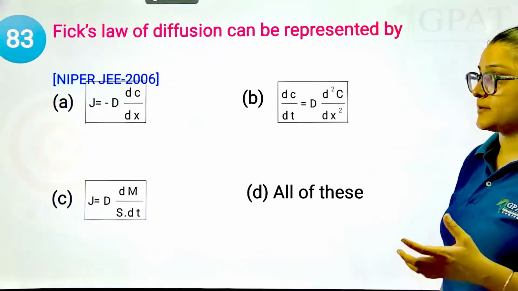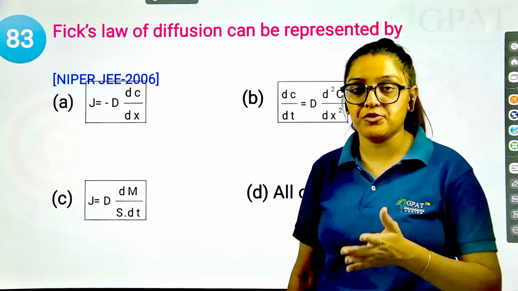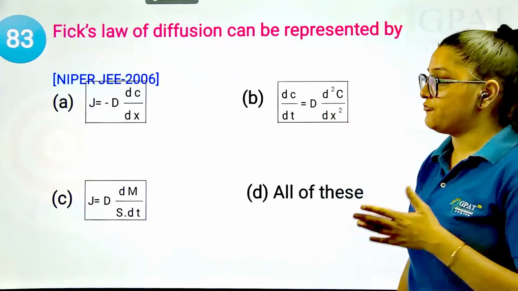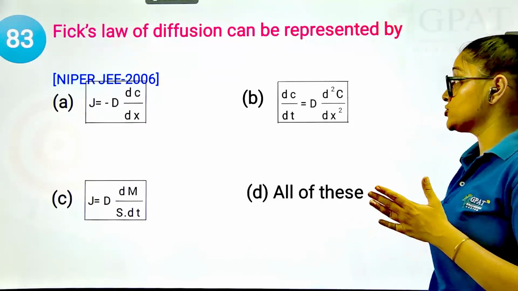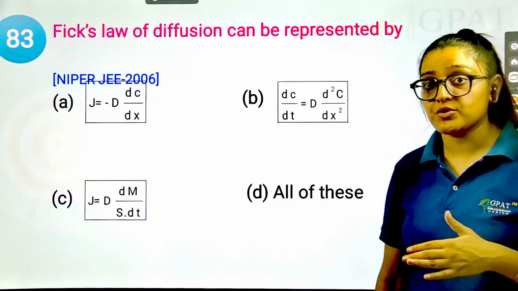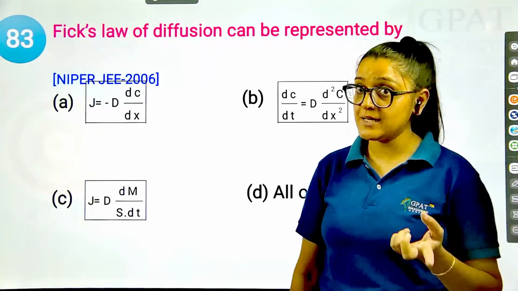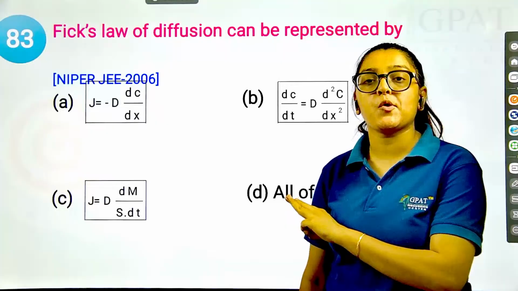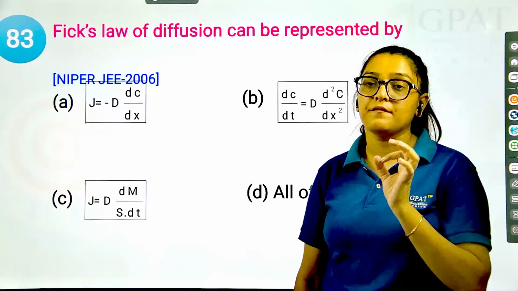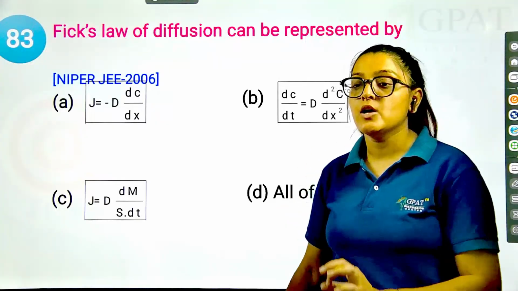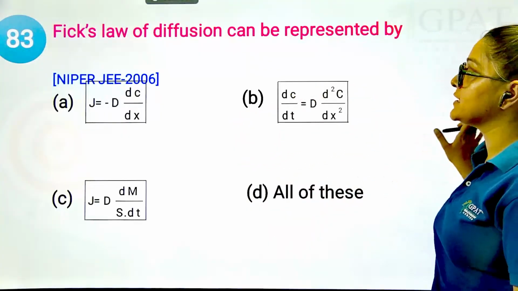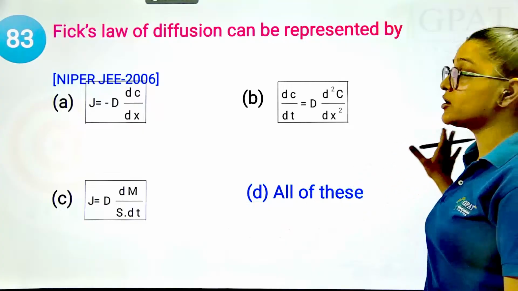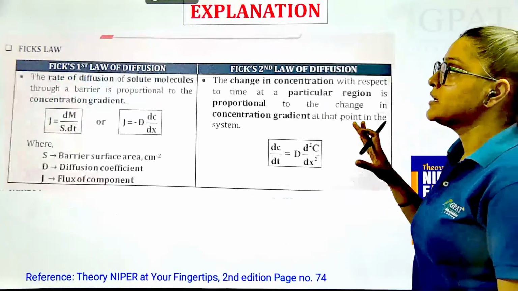Okay. Next, Fick's law of diffusion can be represented by which equation, right? We have two Fick's laws, first and second. So all the statements you can spot here are for both first and second also, right? Fick's law of diffusion is represented based on the flux value. It is calculated using all these three formulas. Let's see.